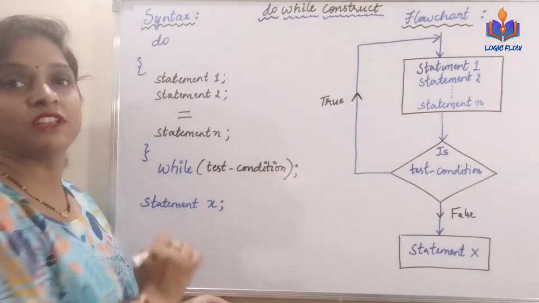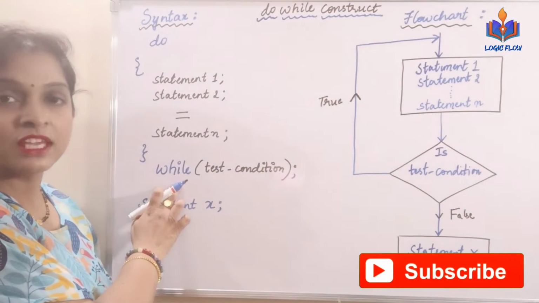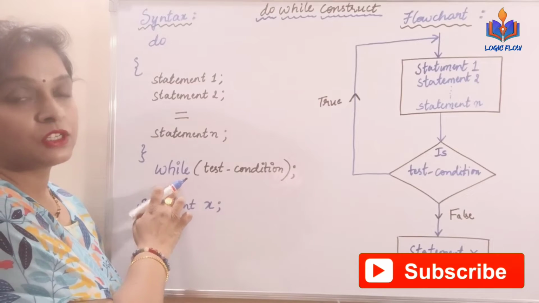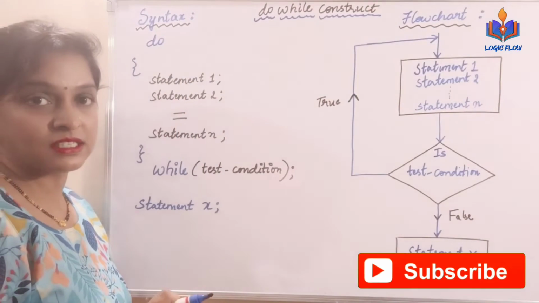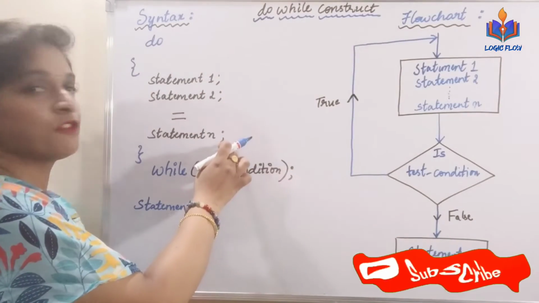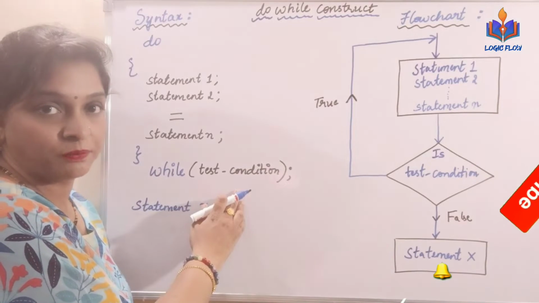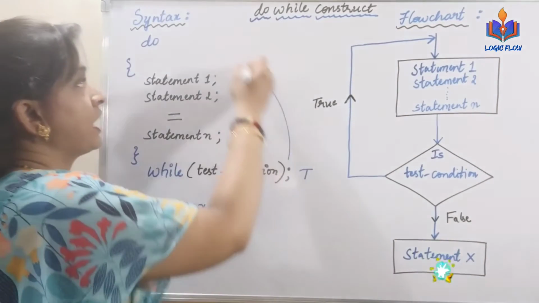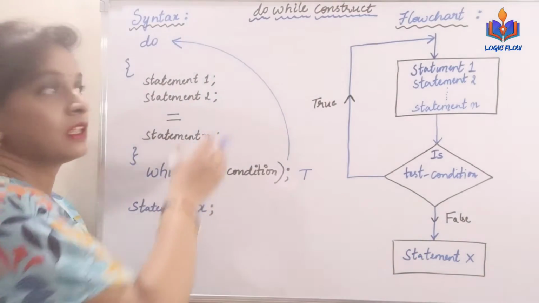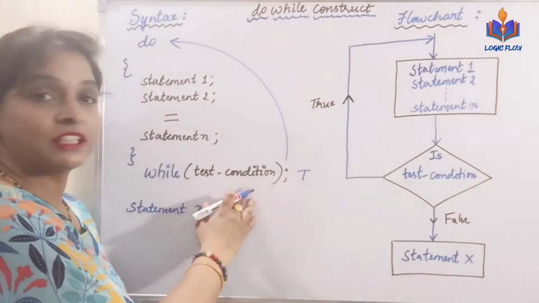Here we have the keyword do followed by one more keyword, while. As soon as the compiler encounters the keyword do, it tells you to execute these set of statements and then at the end check the condition. If the condition evaluates as true, once again do the statements. Then again all these statements will be executed, then again check the condition.